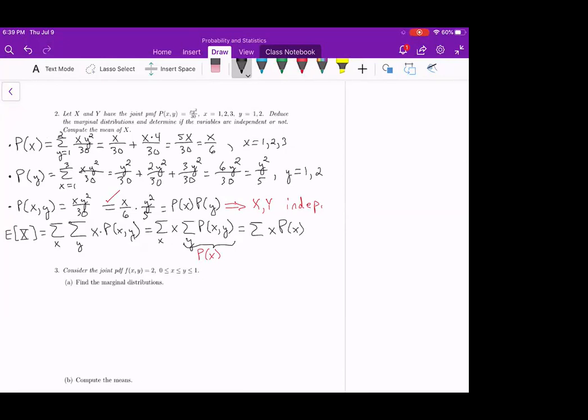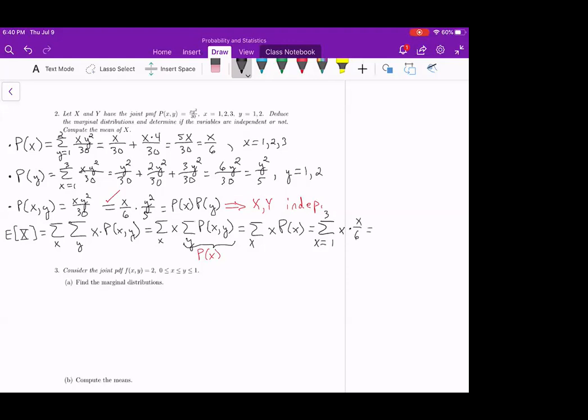This is just the basic expected value formula that you've used in the past with the discrete case, the sum of x times the PMF. And you have P of x, which you just found. So this is summing for x is 1, 2, and 3 of x times the marginal distribution of x, which is x over 6.